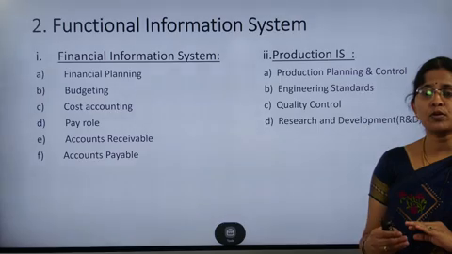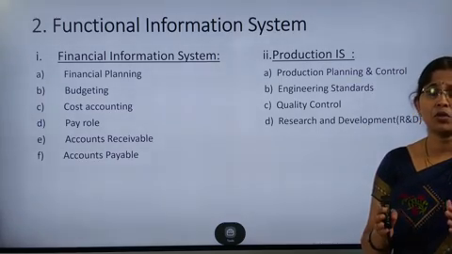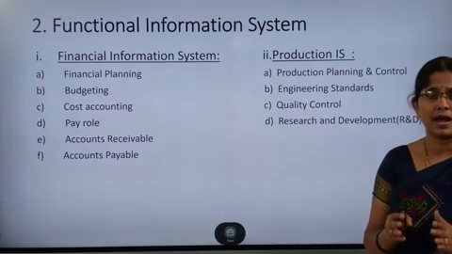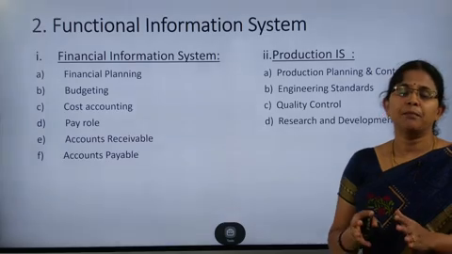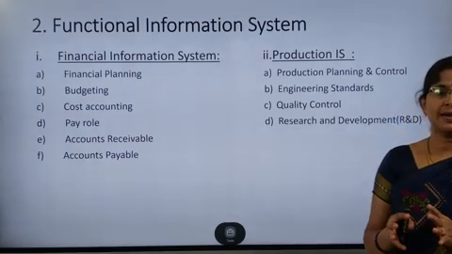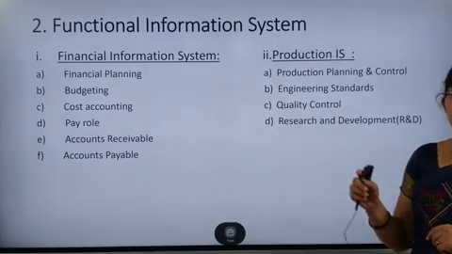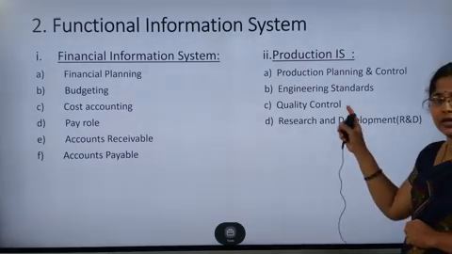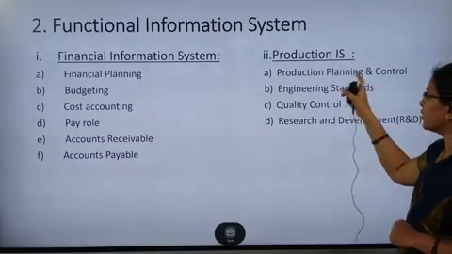In order to produce 1000 products, what raw material do I require, what necessary infrastructure do I have to maintain, and what requirements have to be met? All such planning comes under production planning and control. So that is the first activity you have to do in PIS, that is nothing but production information system.